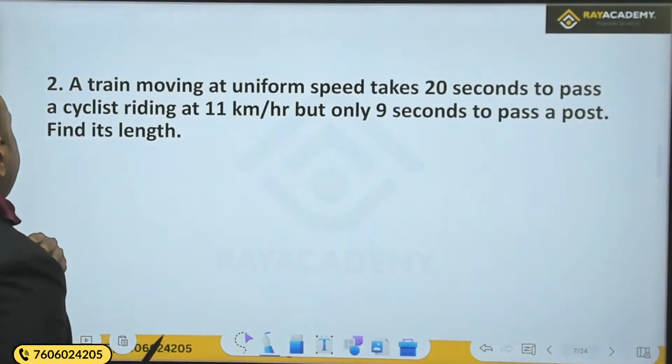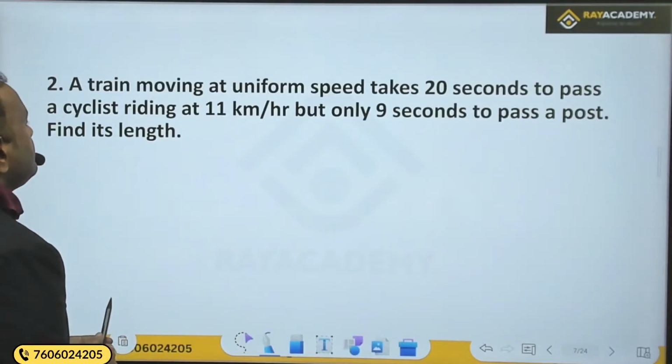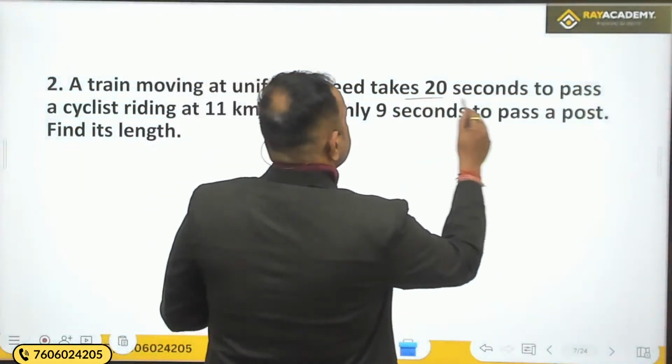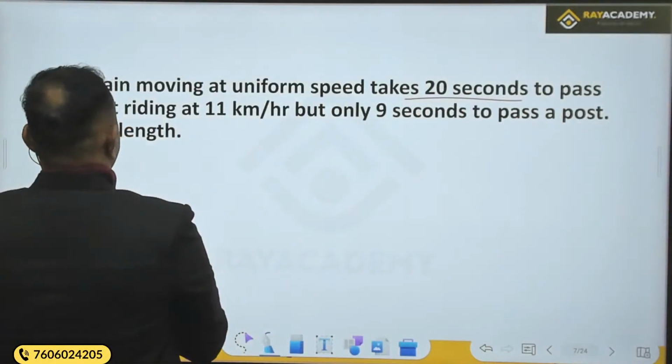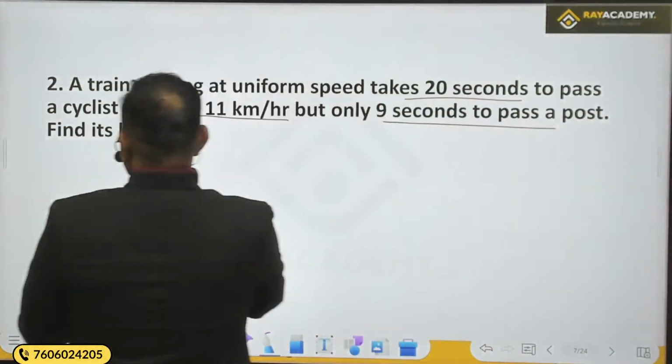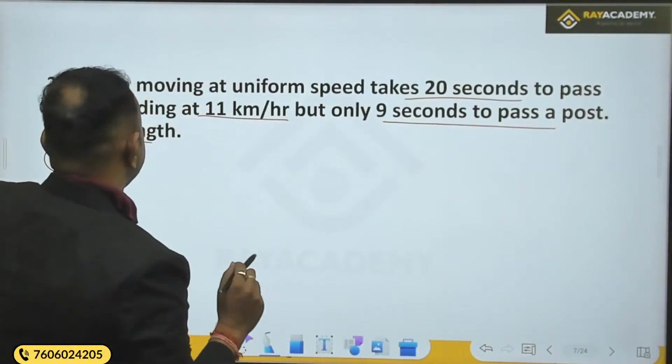A train moving at uniform speed takes 20 seconds to pass a cyclist riding at 11 km per hour, but only 9 seconds to pass a post. Find the length. So there are two situations.